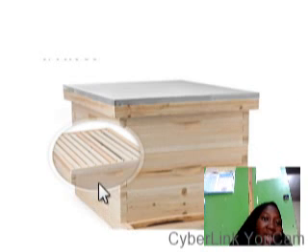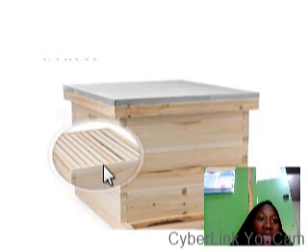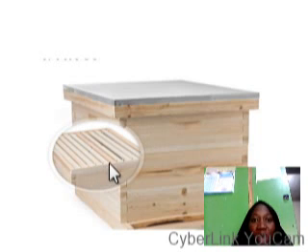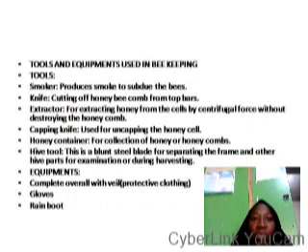And aside from it here is the top we are seeing. Until we remove it, it will not show us whether it's the frame type inside or the top bars type that is inside. So those are the three types of beehives that we have.